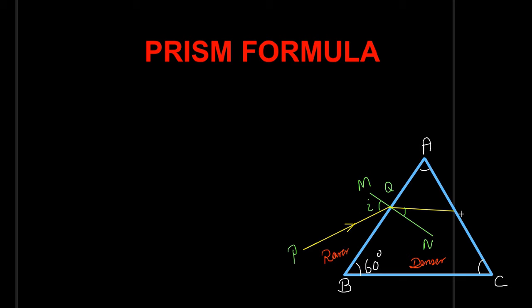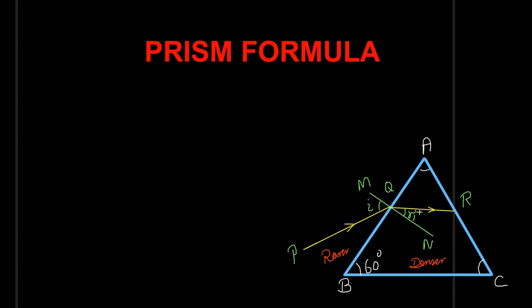Since one more refraction takes place, let us specify this angle as r1. So QR is the refracted ray from the face AB.